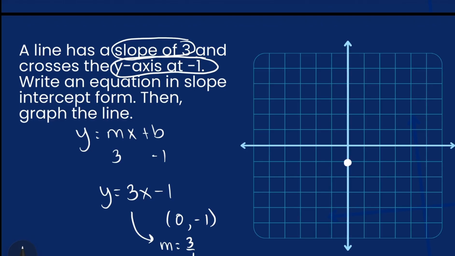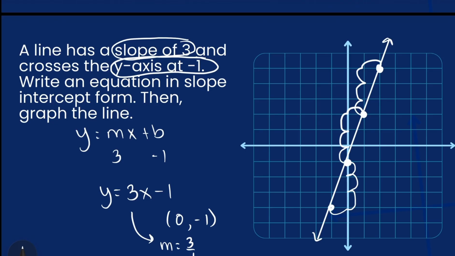So that means I'm going to go up 3, 1, 2, 3, and to the right 1. And now I'm going to do the opposite: down 3, and to the left 1. And that's it. That's my line.